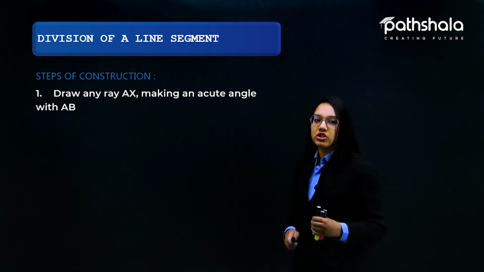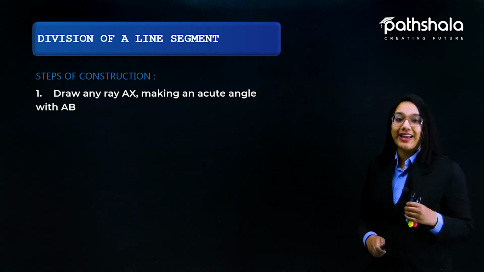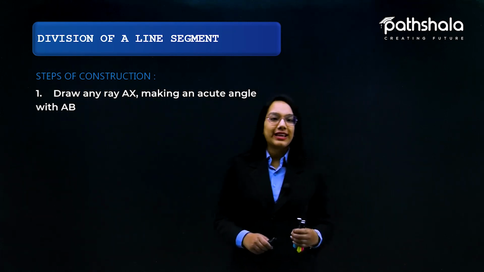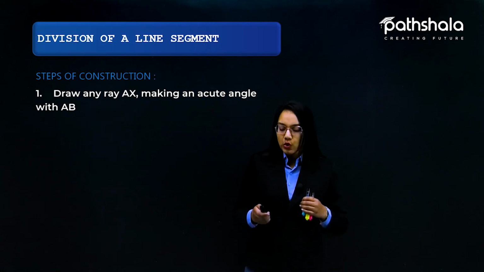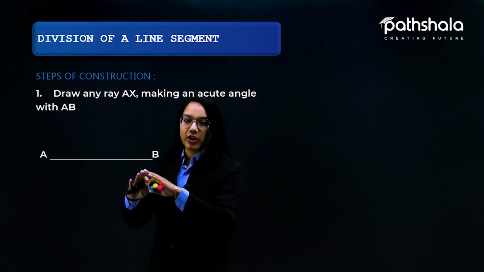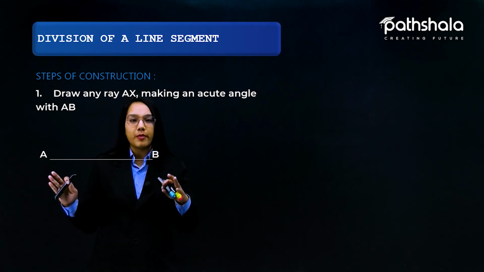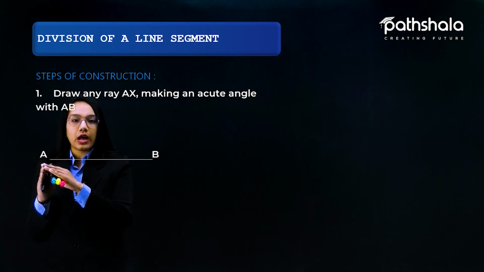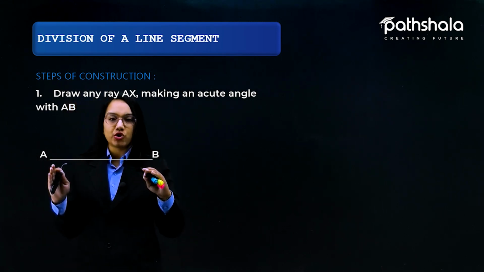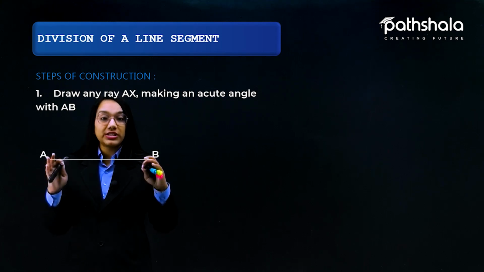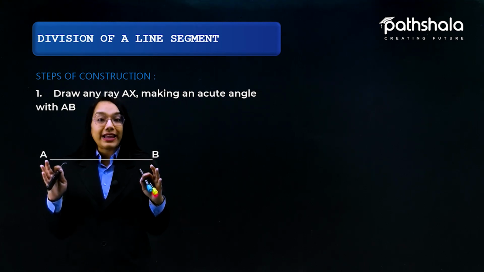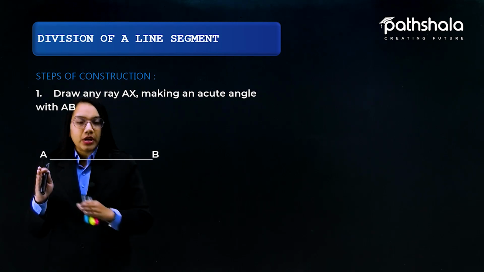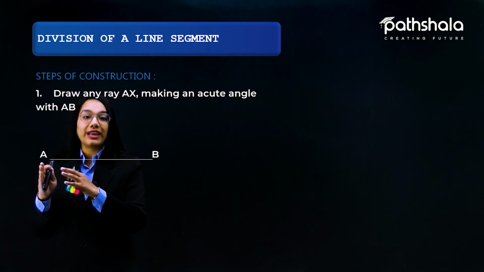The very first step of construction is: draw any ray AX making an acute angle with AB. What does it mean? First of all, using the ruler, we draw the line segment AB of any measure, which would be given to us in the question. Then we draw any ray AX, which makes an acute angle with AB.